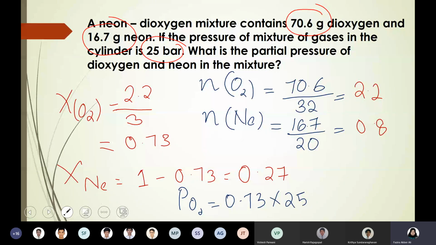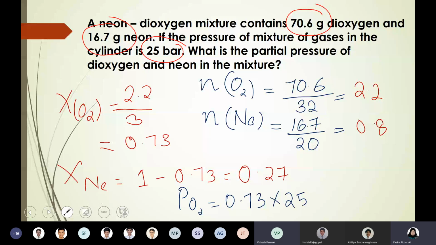For example, you're finding the mole fraction of oxygen: the number of moles of oxygen, 2.2, divided by the total number of moles. The total number of moles means 2.2 plus 0.8, because you have two components in the mixture, so that comes to 3. Similarly, if you want to find the mole fraction of neon, it will be 0.8 divided by the total number of moles, which is the same. Yes, ma'am, I recollect.